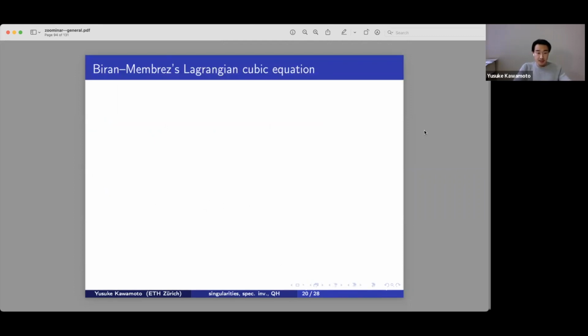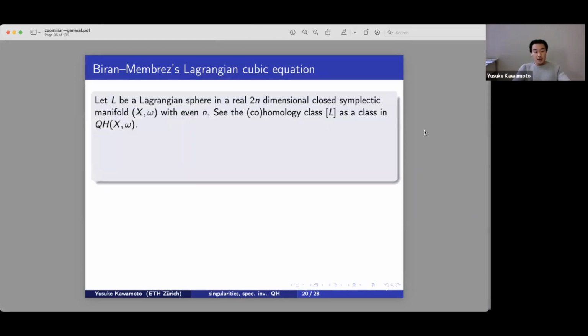So now the second key ingredient of the proof is the cubic equation due to Biran and Membrez. The statement is as follows. Once again, you work in a real 2n-dimensional closed symplectic manifold, and here I don't assume semisimplicity. Suppose you have a Lagrangian sphere inside there.